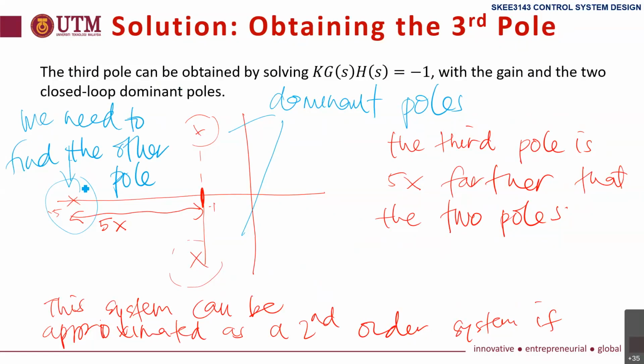The discussion after this is how can we obtain the third pole so that we can do the validation.